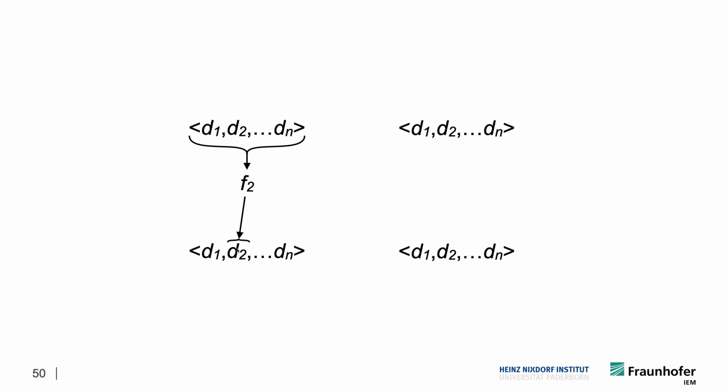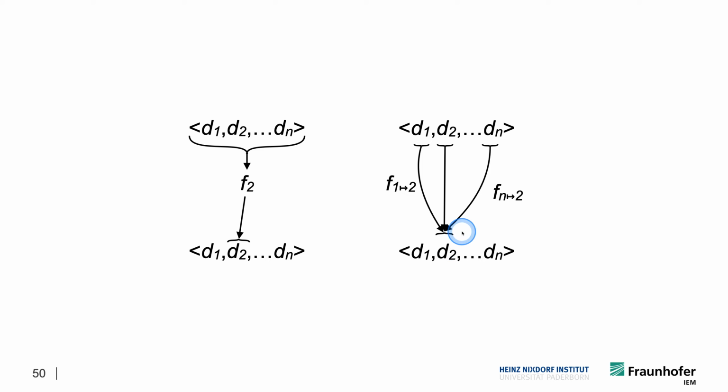But now let's assume, and that's really an assumption, that we can decompose F2 as follows. We assume that we can first compute some partial effect that D1 has on D2, and that's computed by this function here. Then we do the same for all the other input components. So we now have n different microfunctions, that's actually what we call them here, that all contribute to this component here.